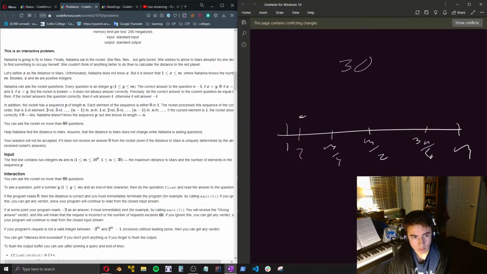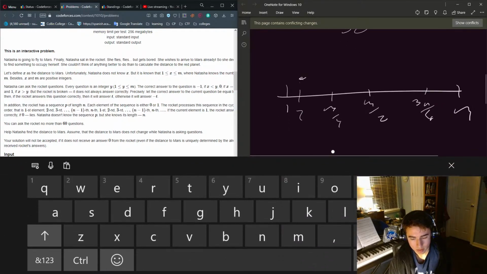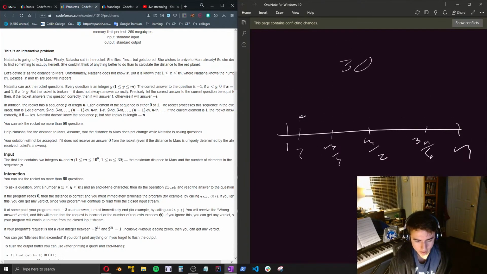Then that means we know that those are either both true or both false. Like, if we get 1 the first time, 1 the second time, that means they're both true or both false. However, if we get a -1 the next time, then we know that this one must be different, either this is lying and these two are true, or this is true and these two are lying.